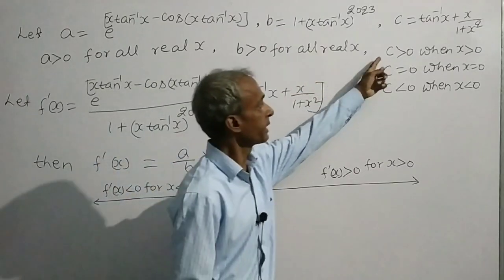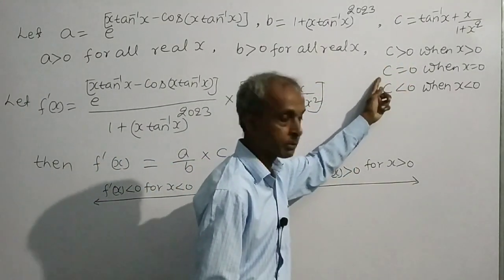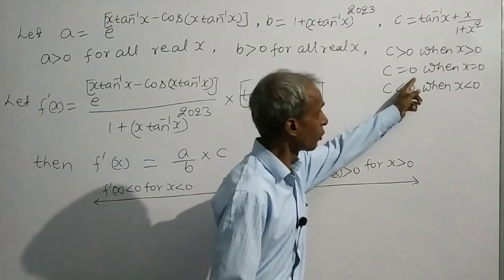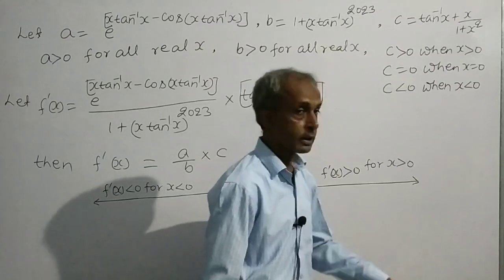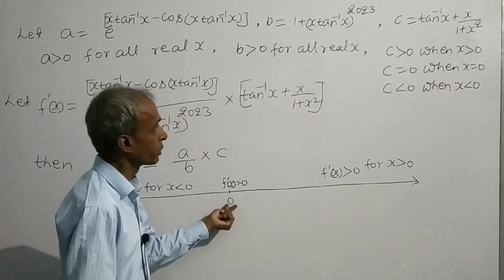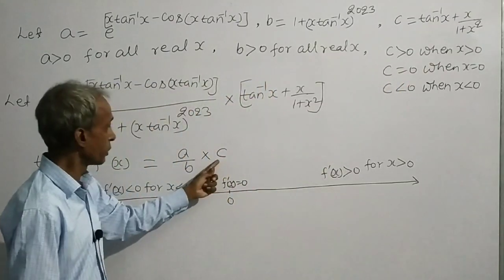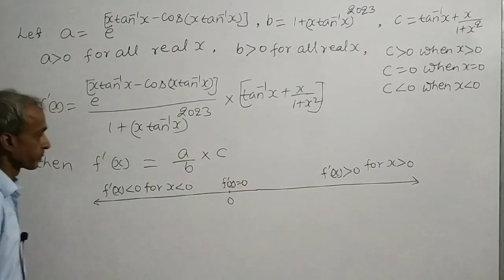But C is sometimes positive, sometimes negative, and sometimes 0. C is 0 when x is equal to 0. Therefore, when the x coordinate is equal to 0, then C will be equal to 0. That means f dash x will be equal to 0.